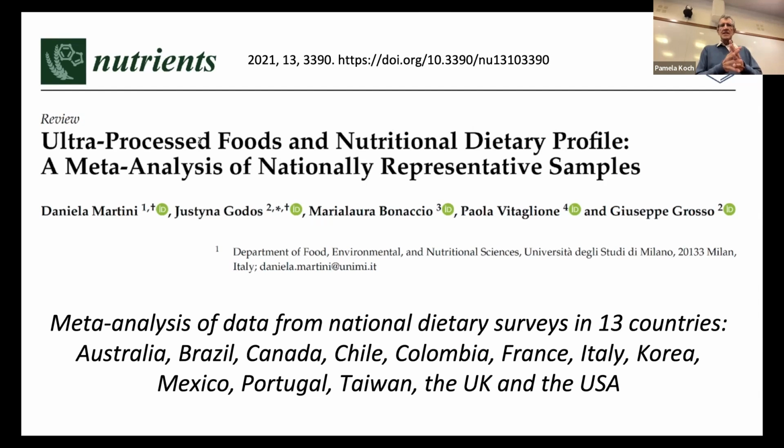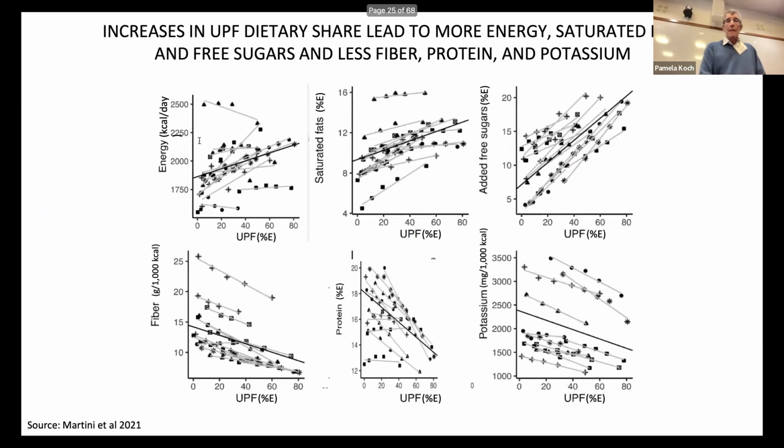I'll present more systematic reviews and meta-analyses right now. I'll start with this meta-analysis of national data surveys conducted in 13 countries, including the US and many other countries. And here you can see that each line corresponds to one country.